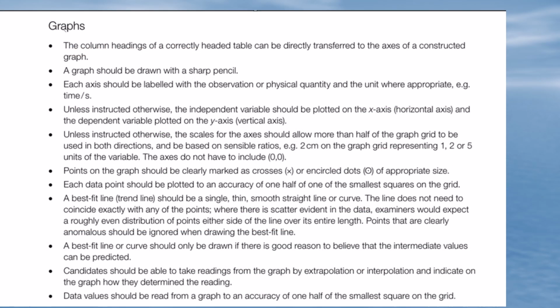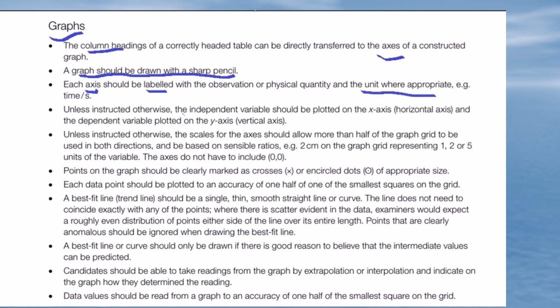Okay. When we make graphs, and that quite often happens in Paper 2, the column headings of a correctly headed table can be directly transferred to the axes of the constructed graph. And a graph should be drawn with a sharp pencil. That's why you bring a pencil. Each axis should be labeled with the physical quantity and the unit where appropriate.